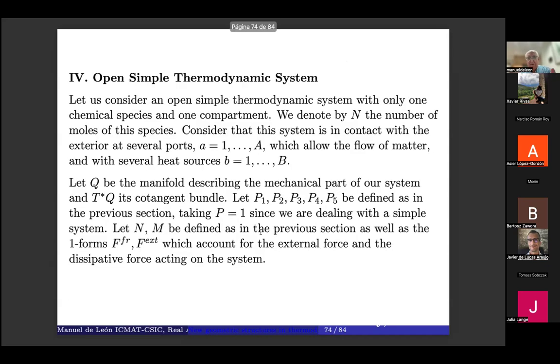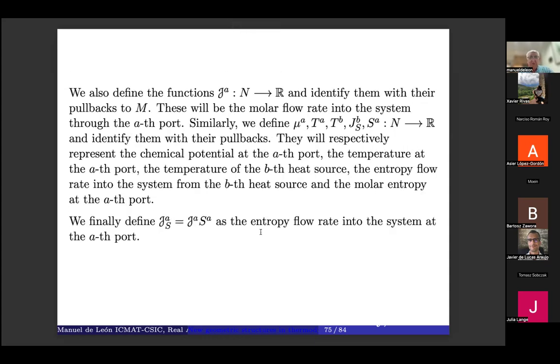And even another system, open simple thermodynamic systems. In this case, it is more complicated. We have the number of moles because we have different chemical species in one compartment, and so again we can consider these external forces and friction forces, and we define these functions, and this with the molar flow rate.